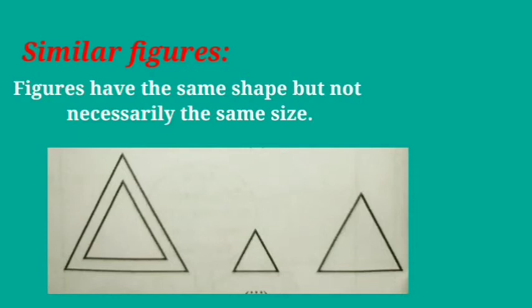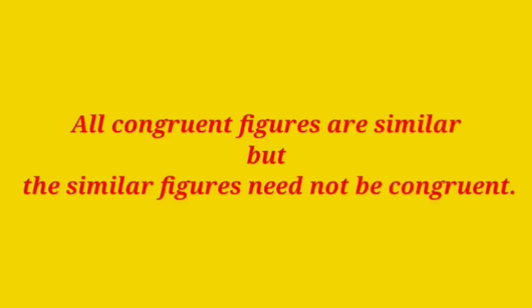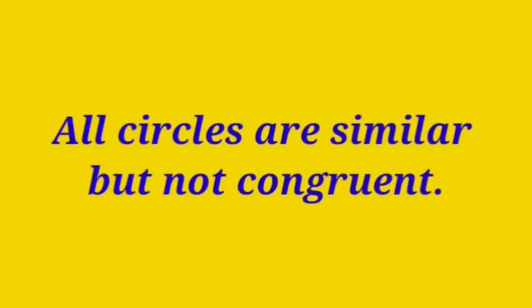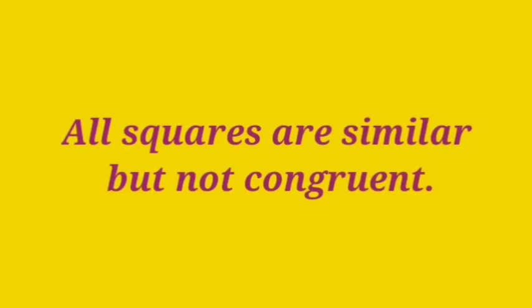By this concept, we can conclude a few statements. All congruent figures are similar, but similar figures need not be congruent. All circles are similar but not congruent. All squares are similar but not congruent.